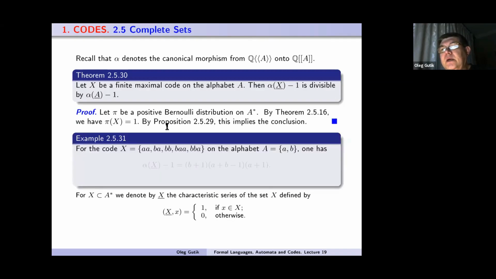And example, for the code X capital, it consists of the words AA, BA, BB, BA, A, B, B, A on the alphabet A capital, which consists of two letters A and B. One has alpha of X capital underline minus 1 is equal to B plus 1 multiplied by A plus B minus 1 multiplied by A plus 1.